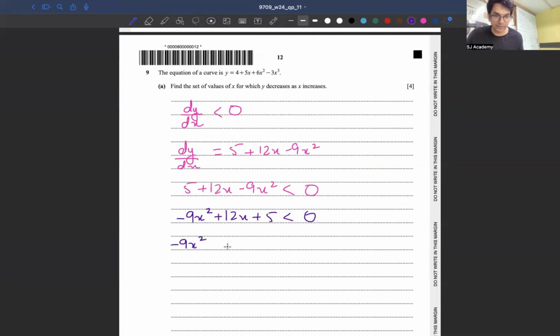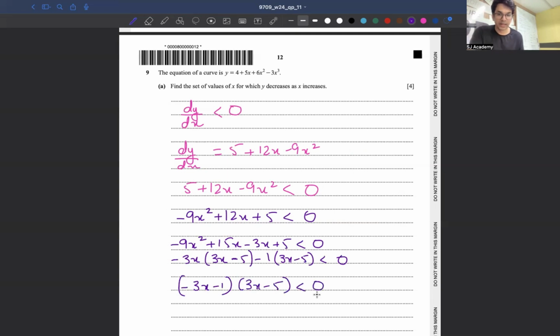So this will become 9x squared plus 3x minus 15x minus 5. Taking 3x common, this will become 3x plus 1, and taking minus 5 common, we get 3x plus 1 and 3x minus 5. These are the two factors.